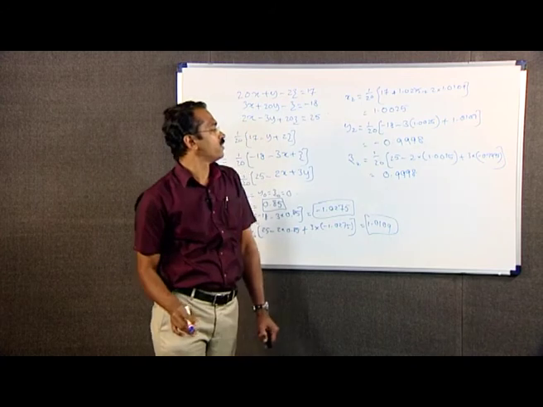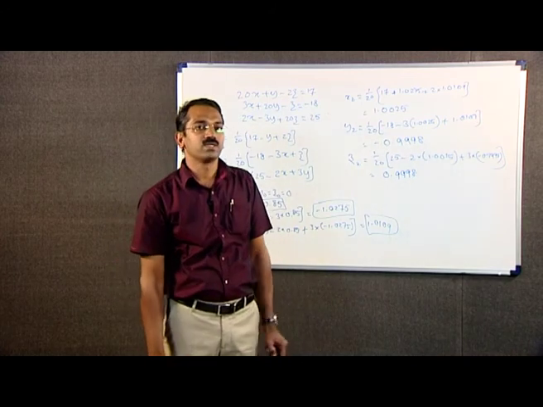These are the approximate values in the second iteration.